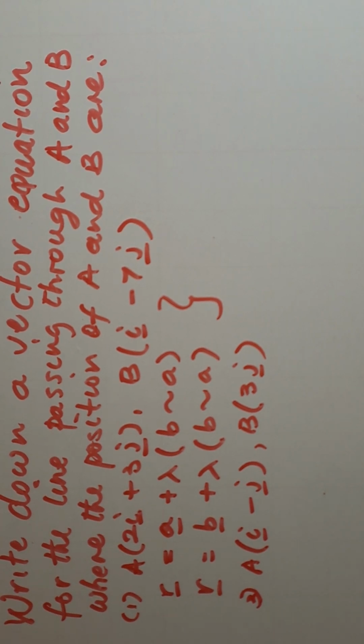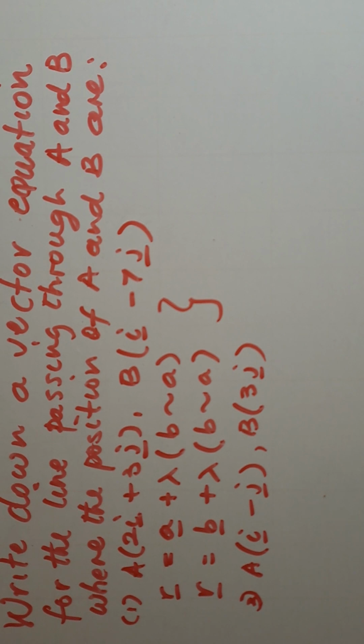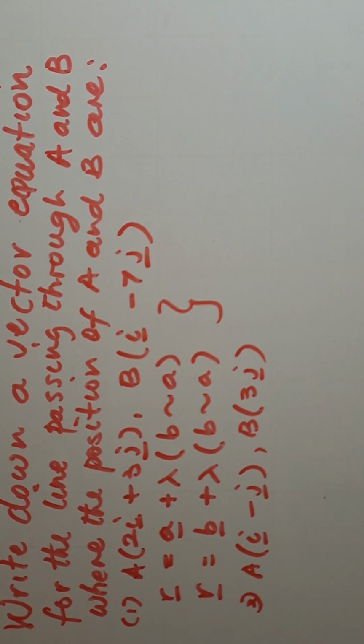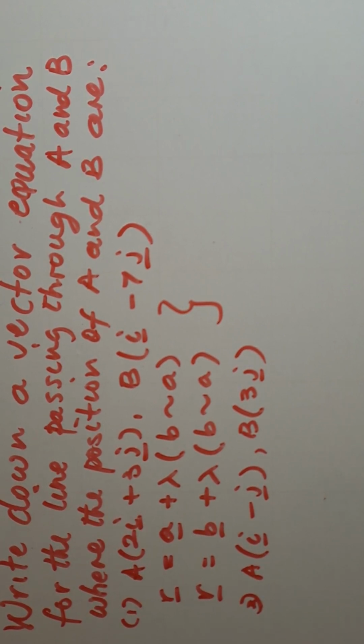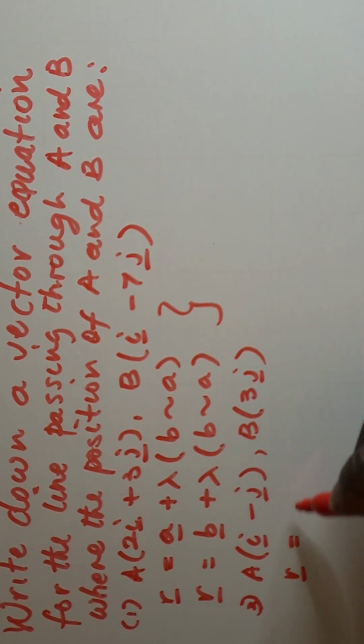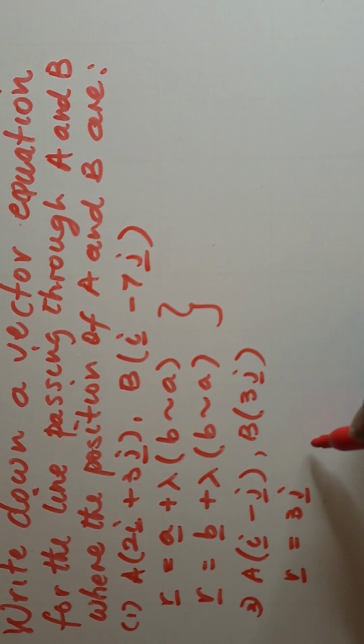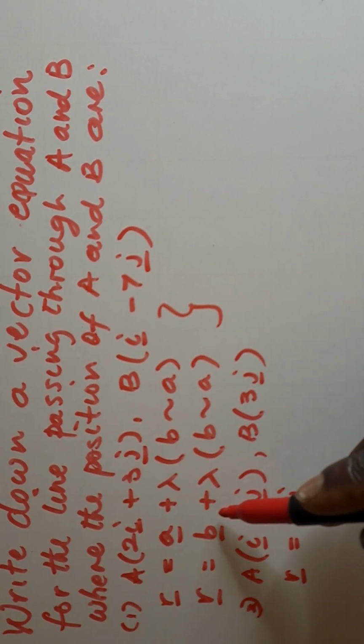Right, the next one we have here is a at i minus j and b at 3j. r is 3j. We're using this formula.